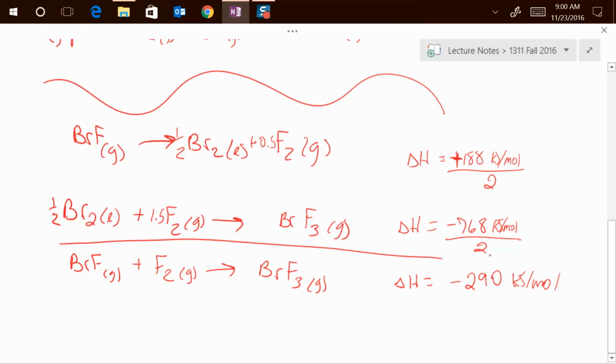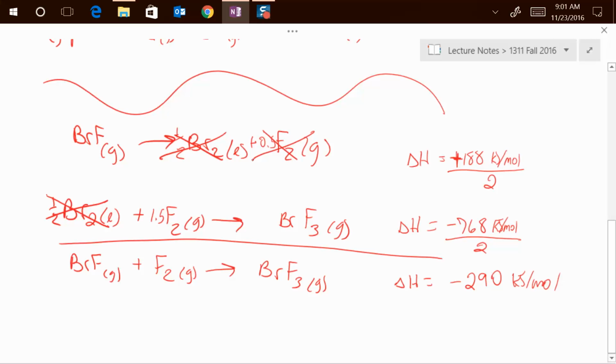So now let's look at the Br2s. They're going to cancel. 1/2 here, 1/2 here. So those cancel. They're on opposite sides of the arrow. They're the same amount, so they cancel. F2, I have 0.5 F2s here. I have 1.5 here. That leaves me with how many? 1.